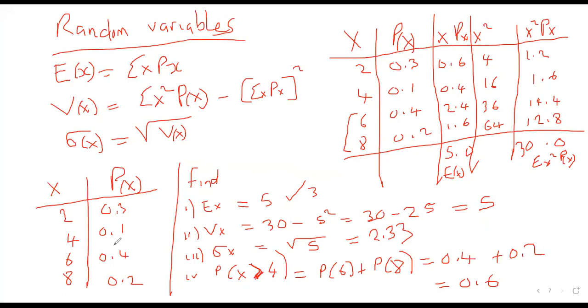So what are the values of x that are more than 4? It is 6 and 8. So you put probability of 6 and 8, then you add their actual probabilities. The probability of 6 is 0.4 plus the probability of 8 is 0.2. Okay, is that clear?